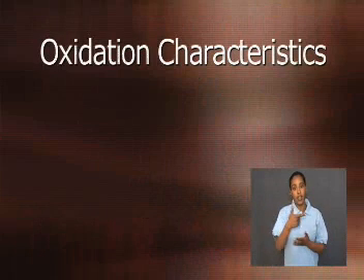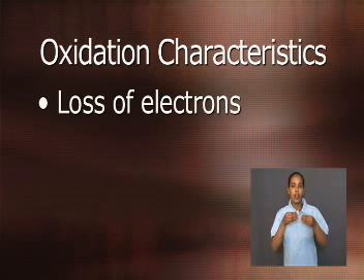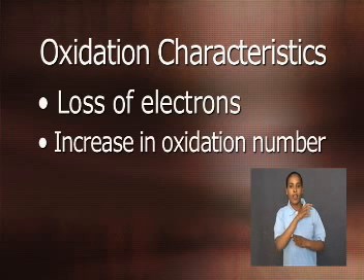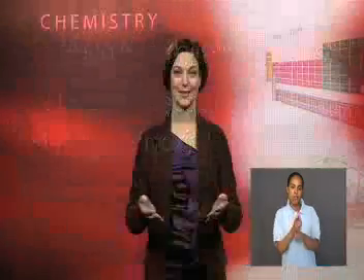Welcome back, students. Were you able to identify which characteristics belong to oxidation and which belong to reduction? If you said oxidation is characterized by a loss of electrons and increase in oxidation number, then you are correct.